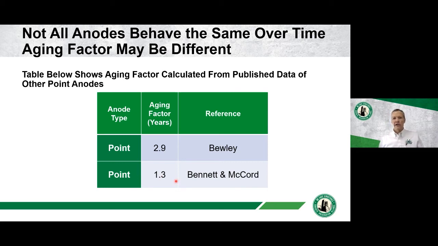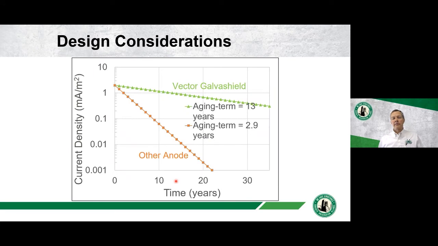That is relevant because just depending on the situation, if you are wanting to have a design current of, let's say, 0.4 milliamps at some point in the future, like I just showed in 2 slides ago, then this aging term with this type of anodes and starting at this point will get you there.